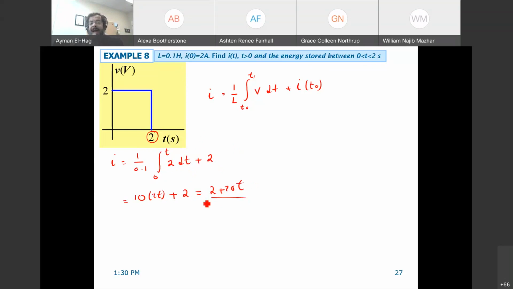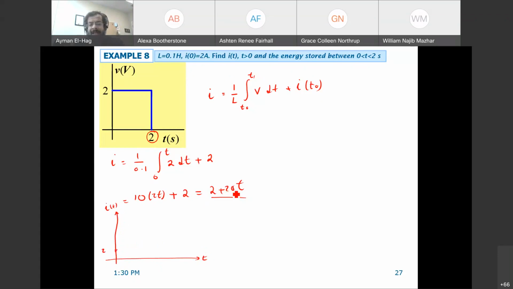Now, if I want to evaluate the current as a value, then I can draw this here. This is your t, and this is your I of t. So we start at t equal to 0. We have 2 amps, so we start here at 2 amps. This is our starting point.